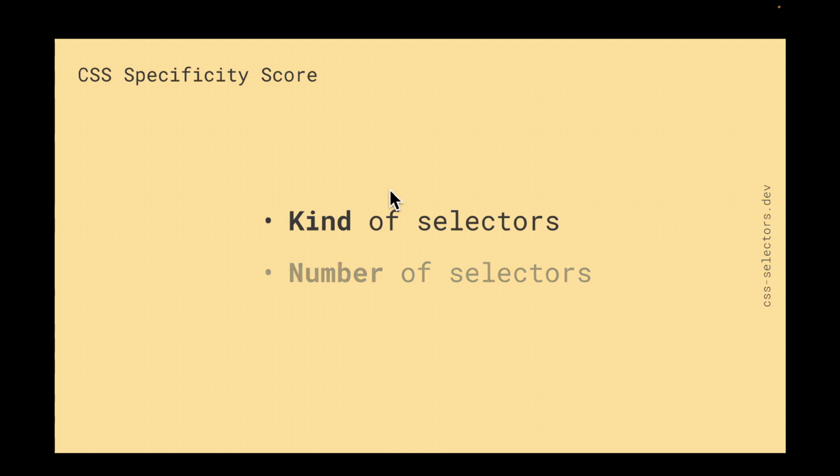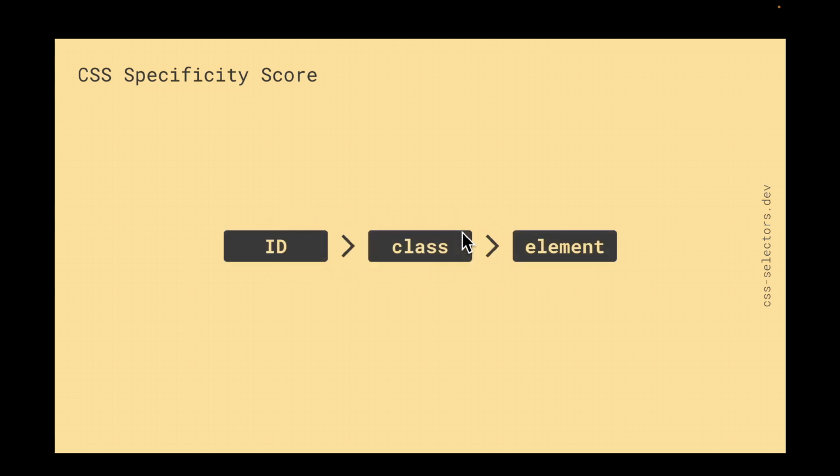Let's talk about the kind of selectors first. Normally, the CSS specificity score comes in three parts: ID, class, and element. And the element is the type selector targeting the HTML element. Throughout this course, when we talk about specificity, I might use element and type interchangeably, but basically, they are the same.